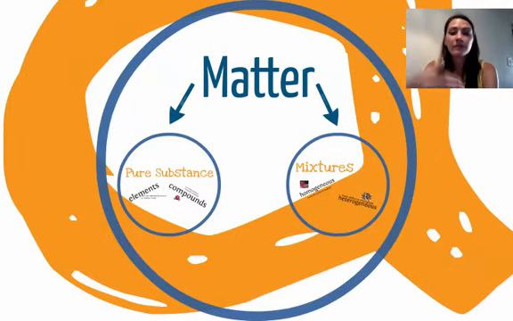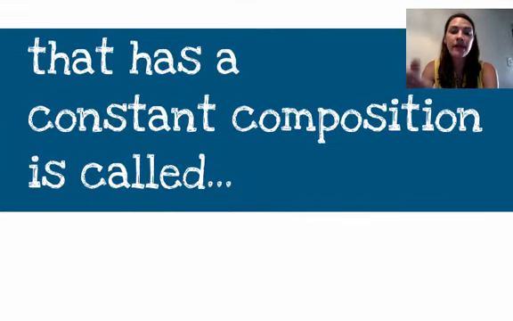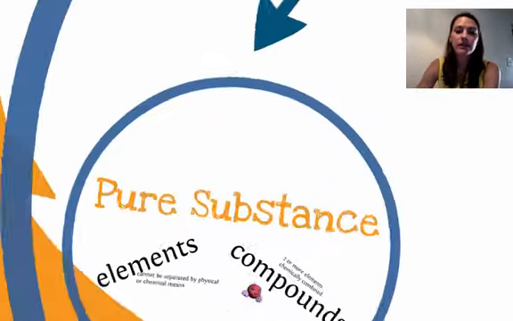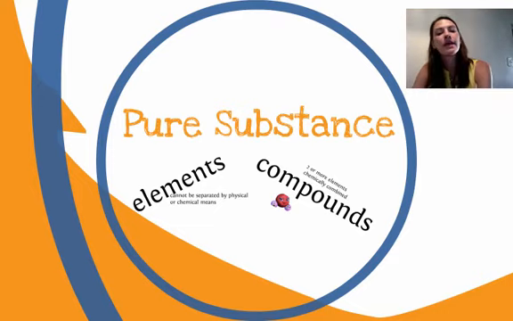Now matter, once we've decided something's matter, it separates down into two categories. They're pure substances and mixtures, okay? So if something has a constant composition, it's all the same stuff, it's called a pure substance, all right? And there are two categories with pure substances: elements, like on the periodic table, and then compounds, okay?